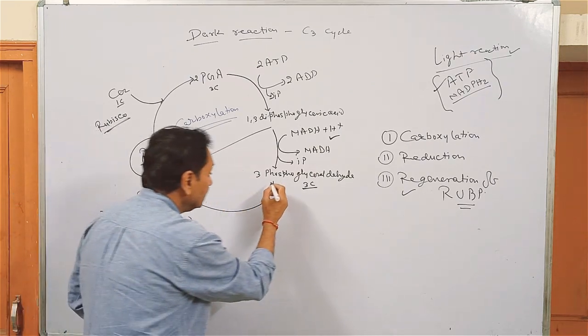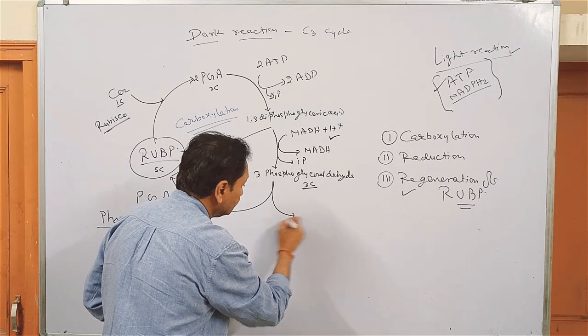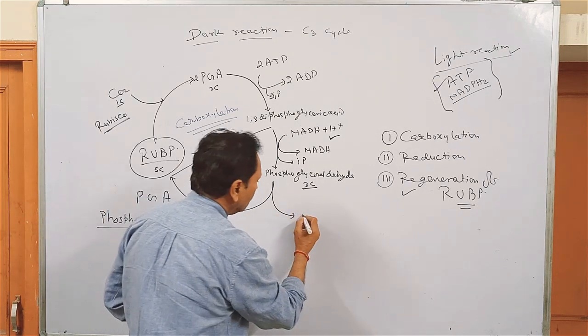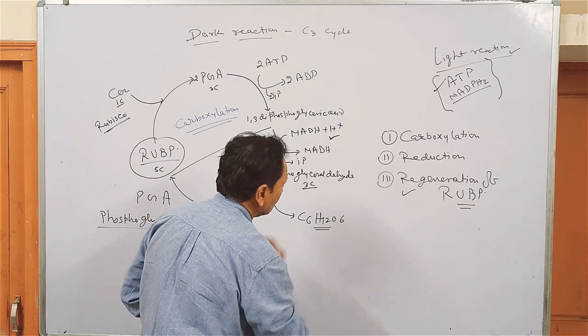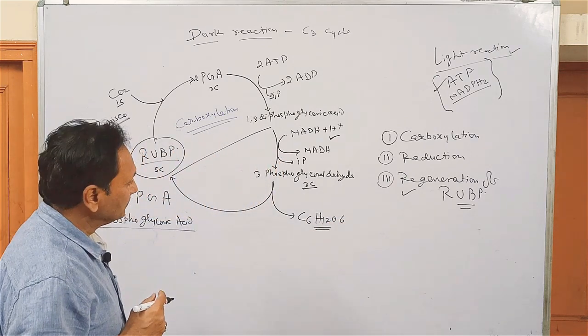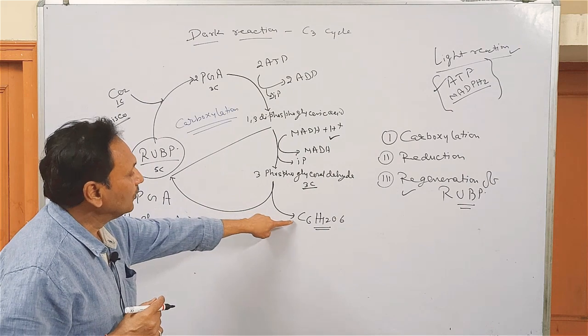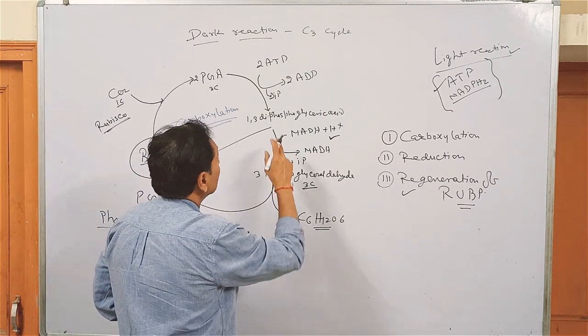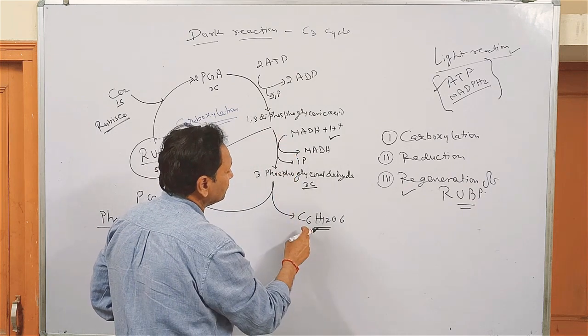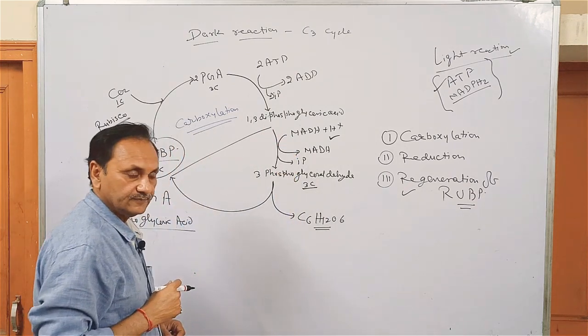But in addition to that, one molecule of C6H12O6 is also evolved, and that is called fructose. Here you will see that the 3 carbon converts into 6 carbon.